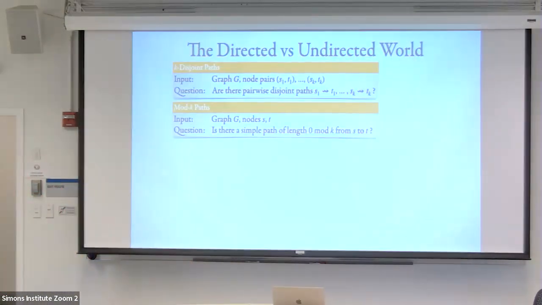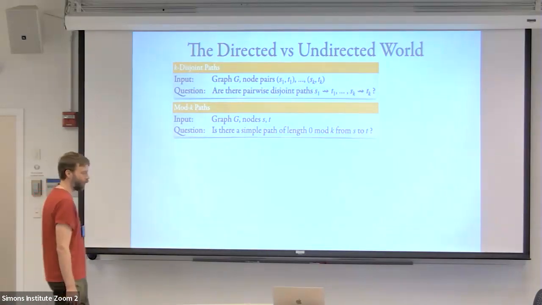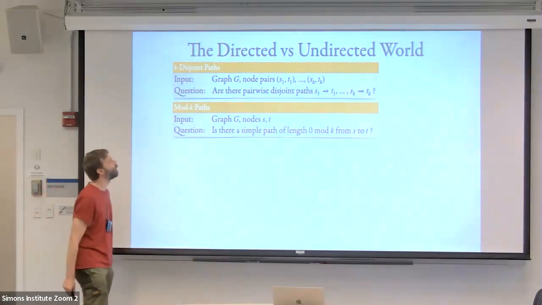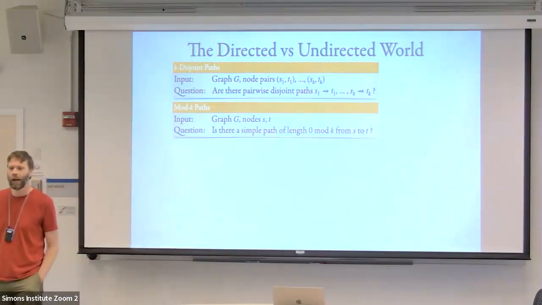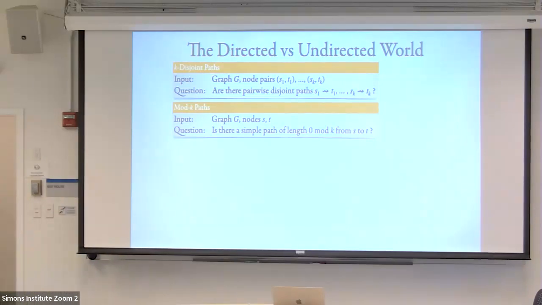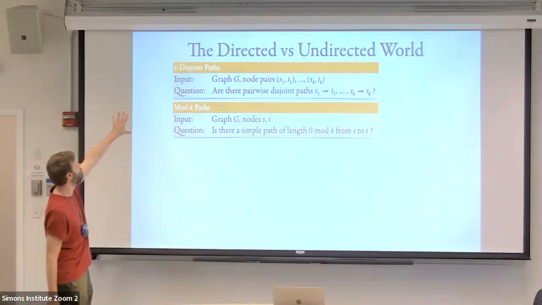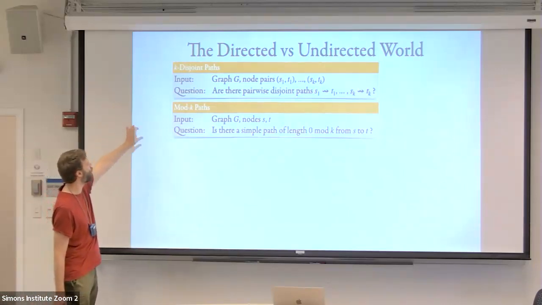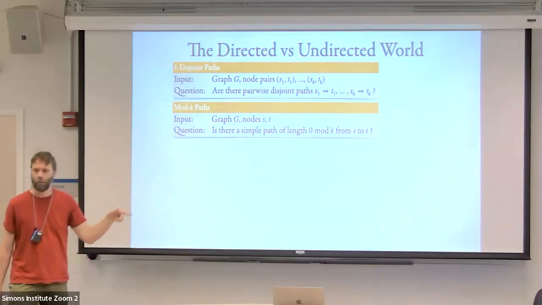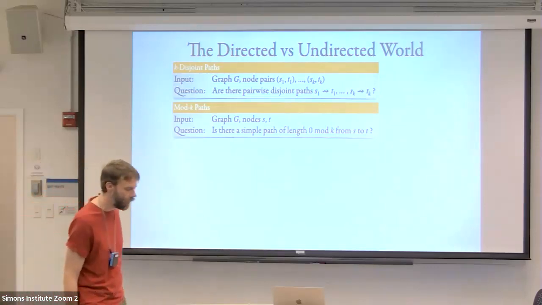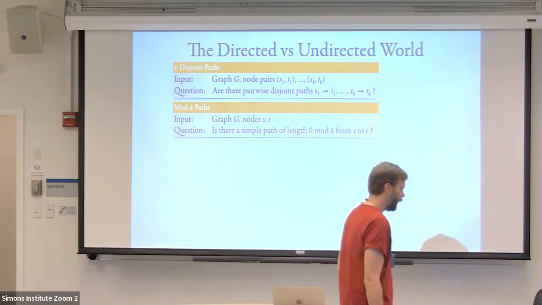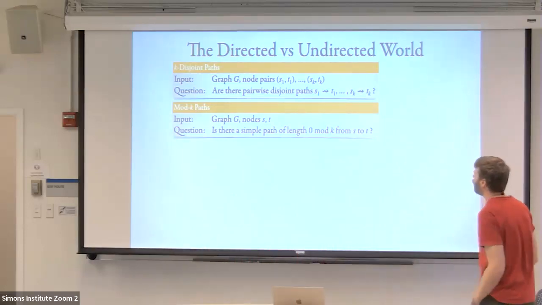And actually, I just want to give you a bit of intuition about what's going on in the undirected world. So first, I would like to give you an idea about what is so different between the directed and the undirected world. And these are two problems: the k-disjoint path problem, and the modulo k path problem. These are two problems that are very different in the directed and the undirected world.